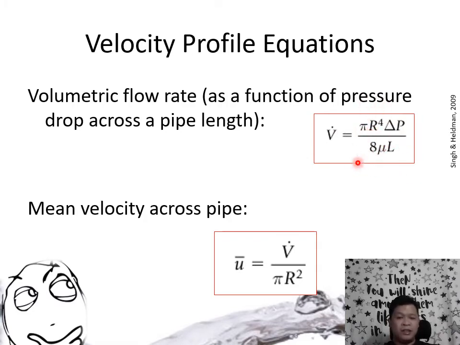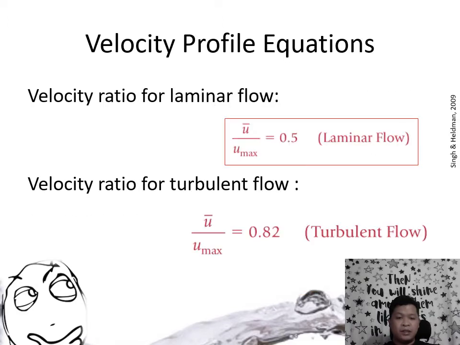Mu is the viscosity and R is the radius, internal radius or inner radius of the pipe. And of course, the mean velocity across the pipe is given by the volumetric flow rate over pi r squared. Now, the velocity ratios for laminar flow is simply that the maximum velocity at the center is twice the average speed, while for turbulent flow, the maximum velocity is 0.82.